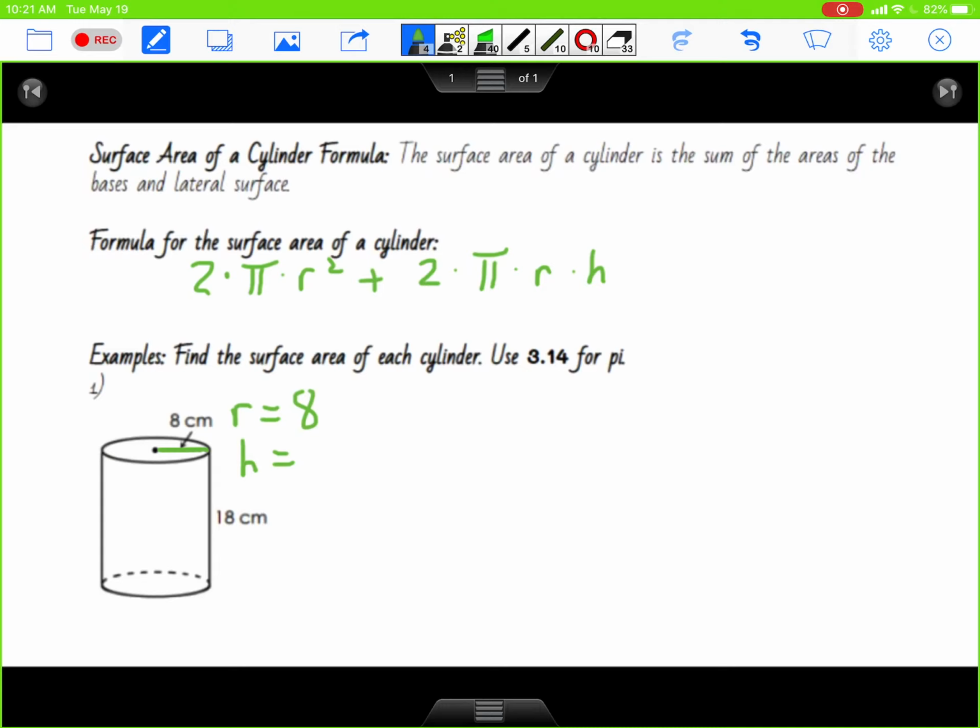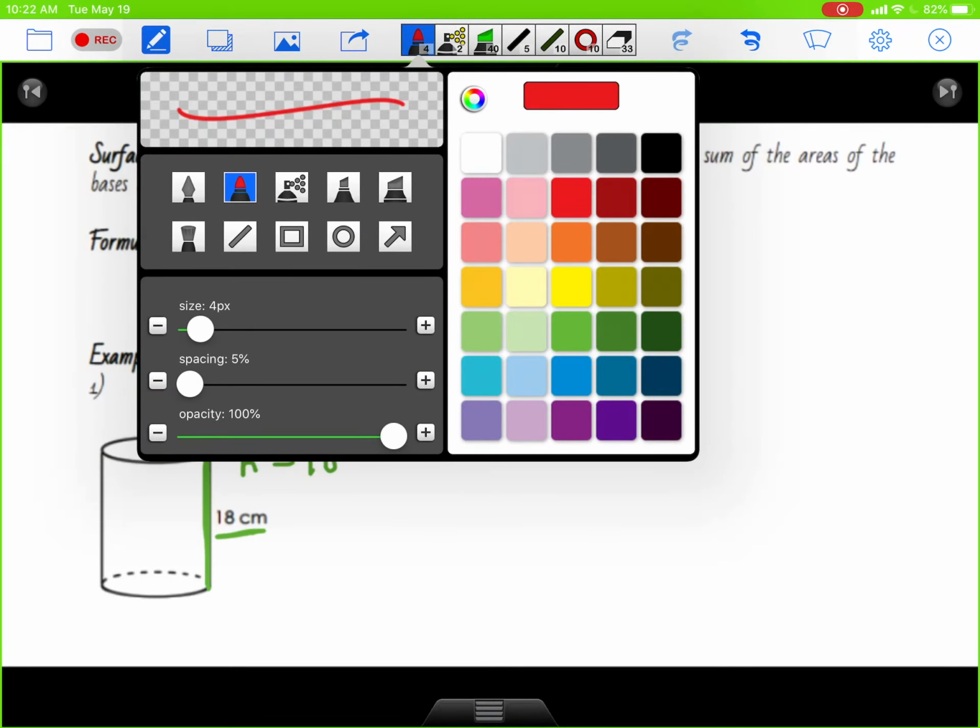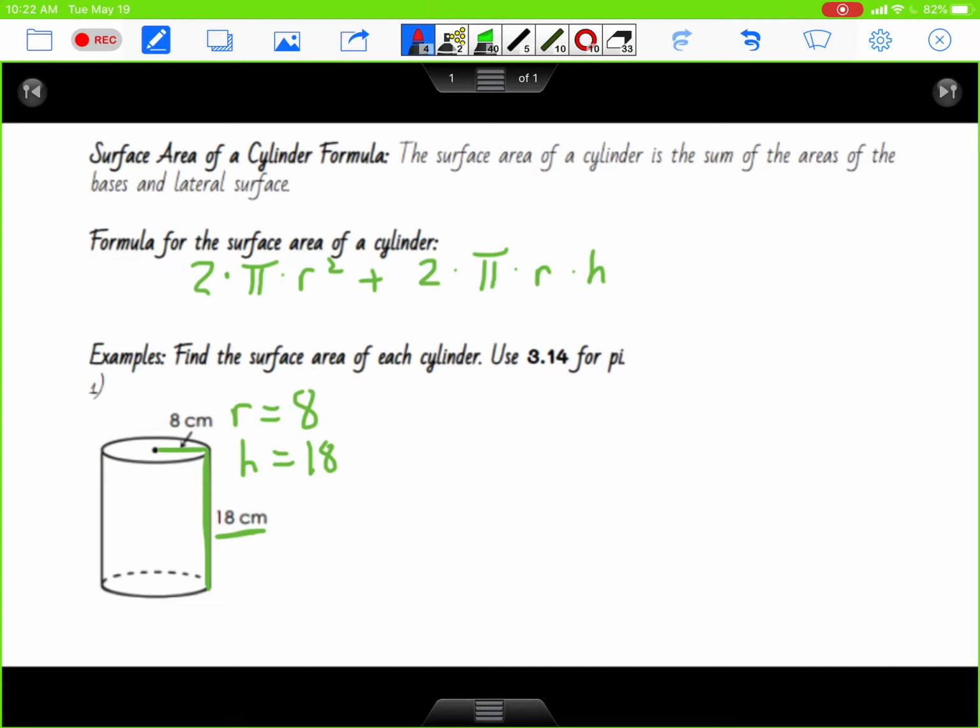Sometimes they'll try to trick you and tip over the cylinder. Just remember that it's always the line in between the circles, meaning that this 18 is going to be our height. Once you find those two numbers, all you need to do is solve.